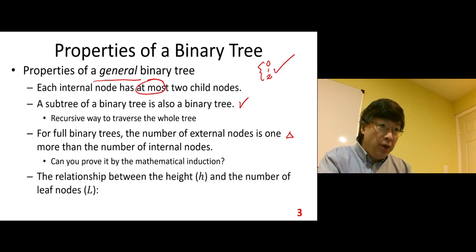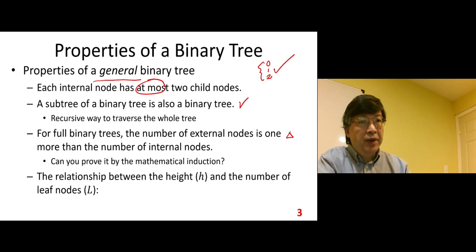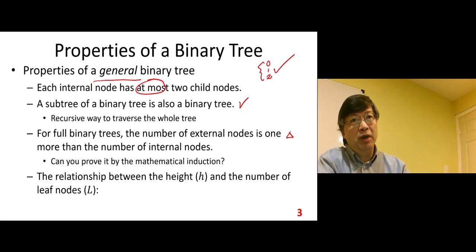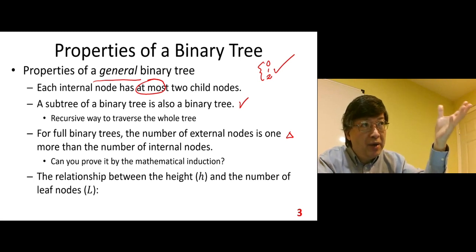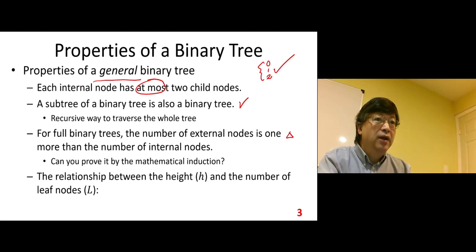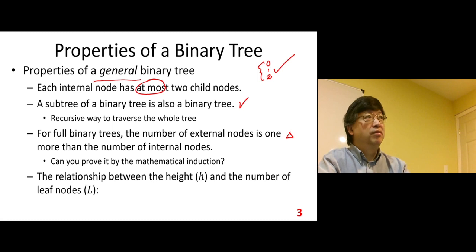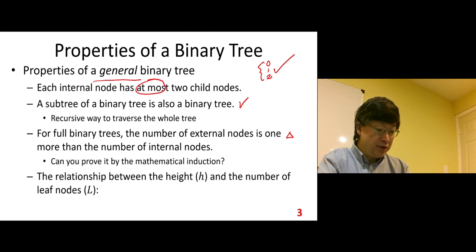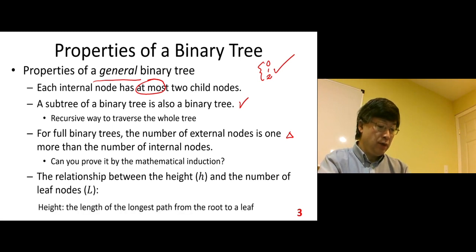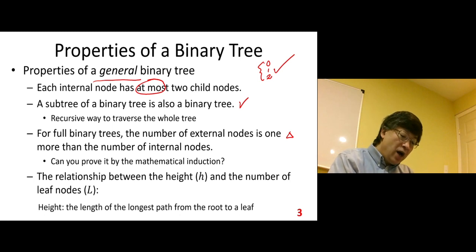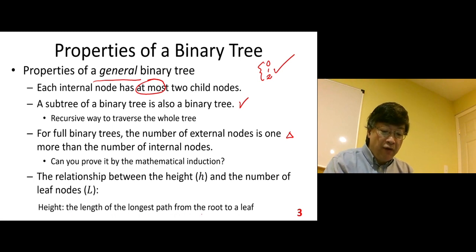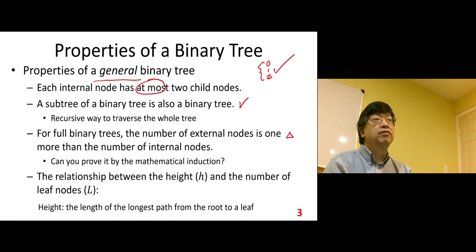The relationship between the height, h, of a binary tree, and the number of leaf nodes, L: there is this inequality. Here the height is defined as the length of the longest path from the root to a leaf.